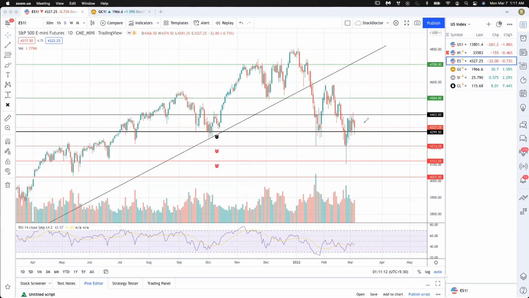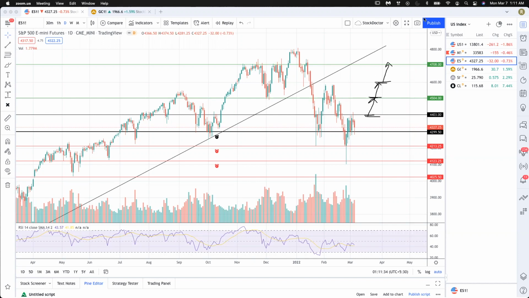Now, where is the upside? If it starts trading above 4400, then there is a movement of 100 points from there, that is 4500. If it starts trading above 4500, the next target is around 4600, and the next will be 4700.